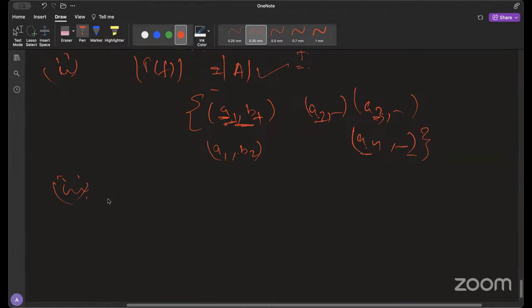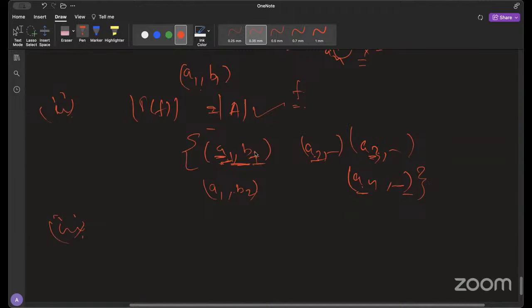The cardinality of the graph of f is the same as the cardinality of B? It's not this. B has nothing to do with it. Just have a look here. We just said that we don't even know what's here. From the set B, we don't even know what elements are going to be here.